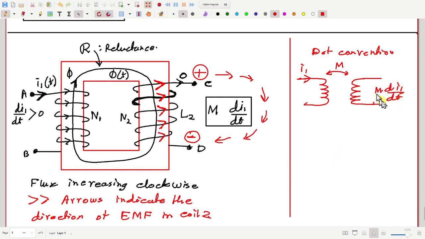Now, in which direction does this mutual voltage M di1/dt work? To find that, we need the dot convention, the dot symbol. Suppose the dots are here.